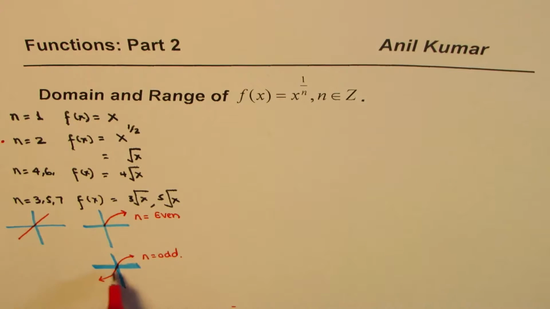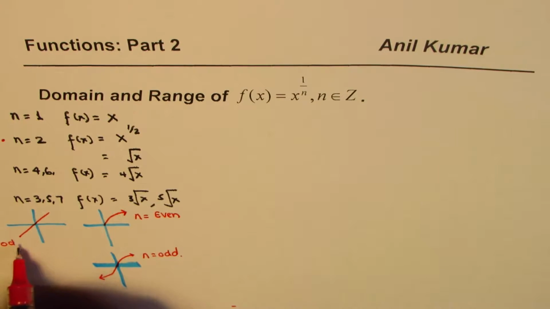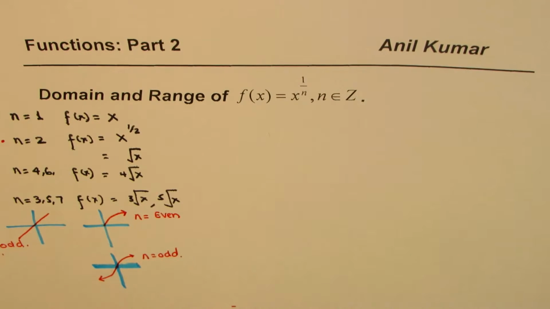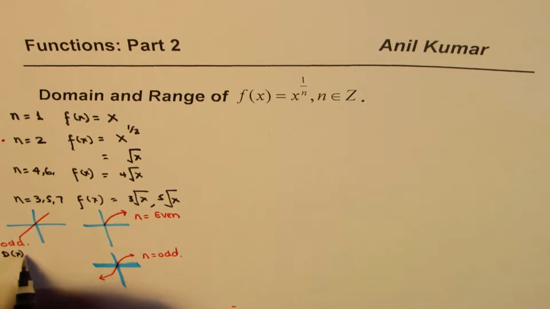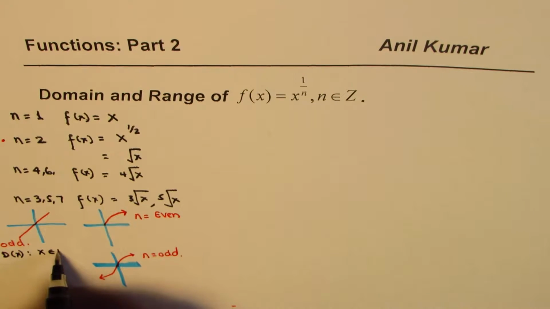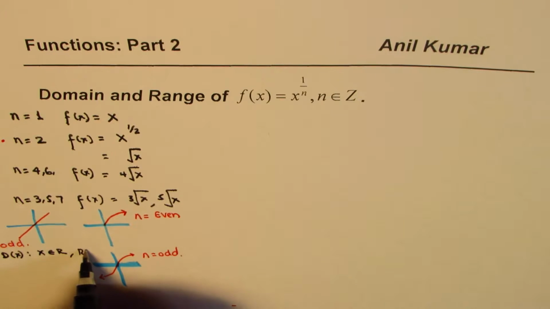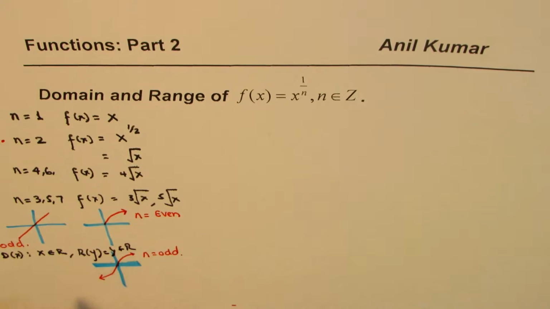So when n is odd, we found that the domain is x belongs to real numbers, and the range is also, as you can see, y belongs to real numbers.